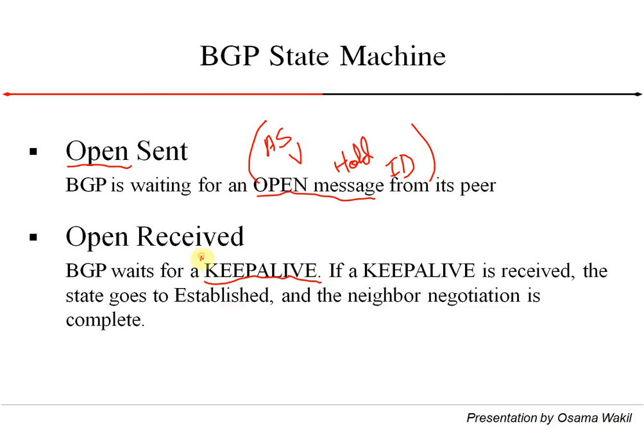The keep alive message will usually only come when both the neighbor and the local router have all their attributes in the open message, like AS number, version, hold timers and ID, all matching up. Then it will send the keep alive and jump to the final stage, which is the established state.